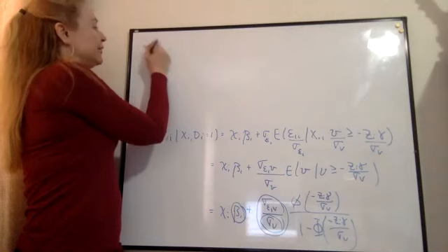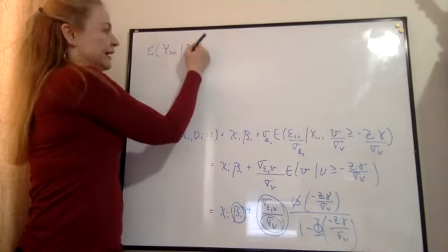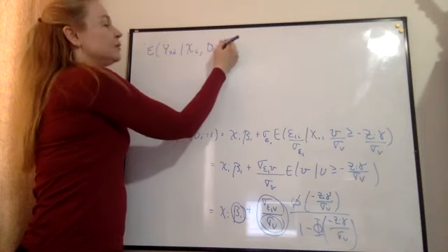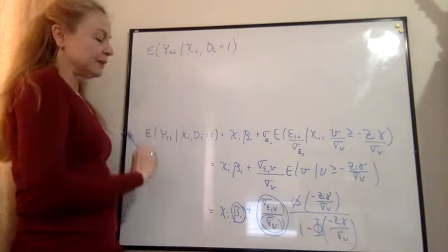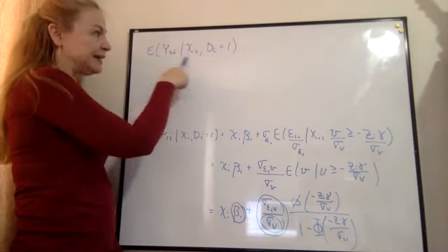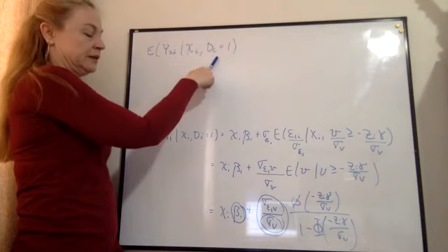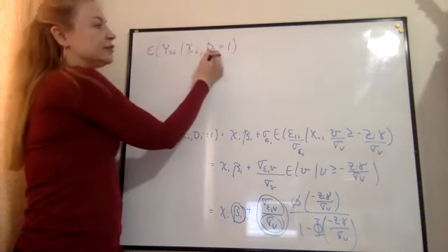Then we have E of Y0I given Xi, and we also want given DI equals 1. Because we want treatment on the treated. And treatment on the treated is this mean minus this mean. It's this minus this, because these are the treated.